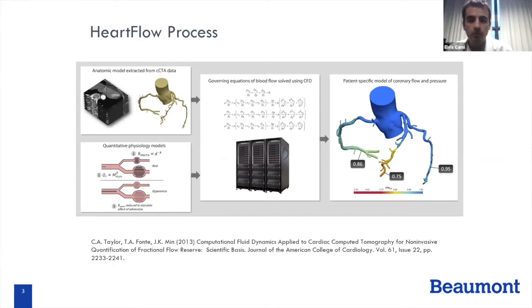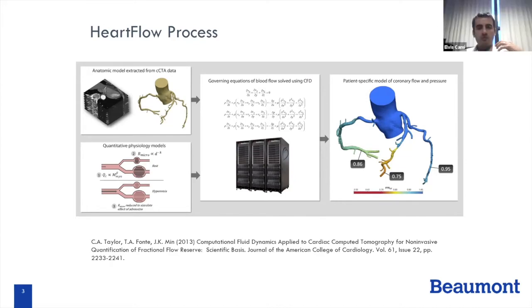HeartFlow is the only company right now that is FDA approved to do the test, and also reimbursed by insurances and by Medicare. There are other companies working on developing a product, but HeartFlow is the only one available commercially. So we send the images to them.